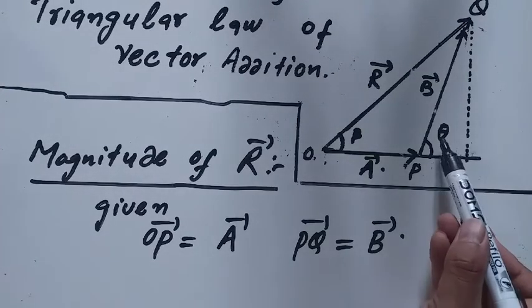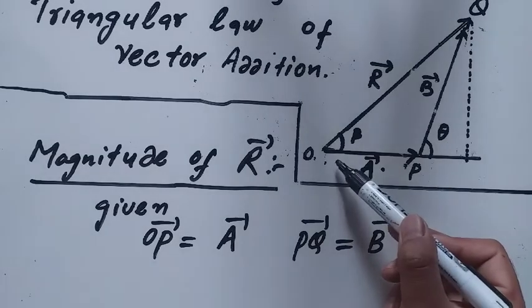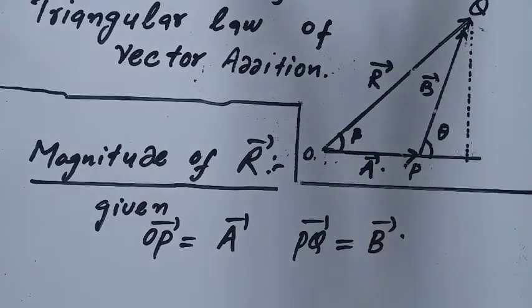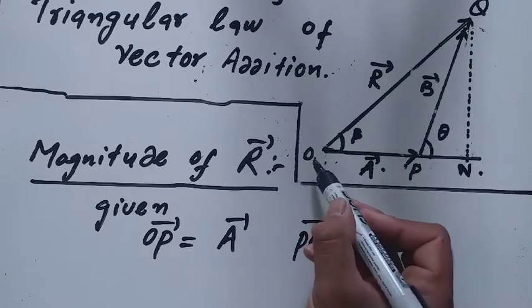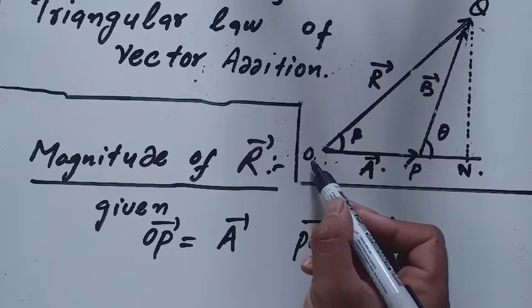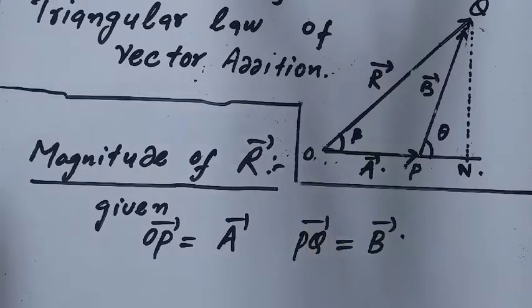And this theta is the angle between vector A and vector B, the inclined angle between them. We produce this perpendicular, that is QN, which is perpendicular to the line OP, vector OP.